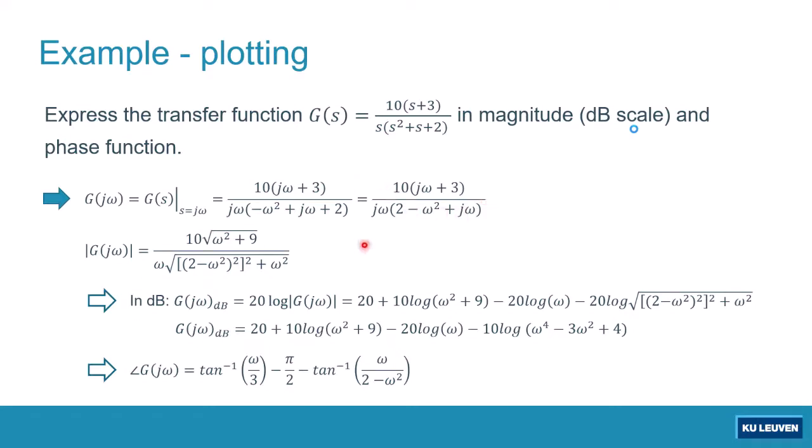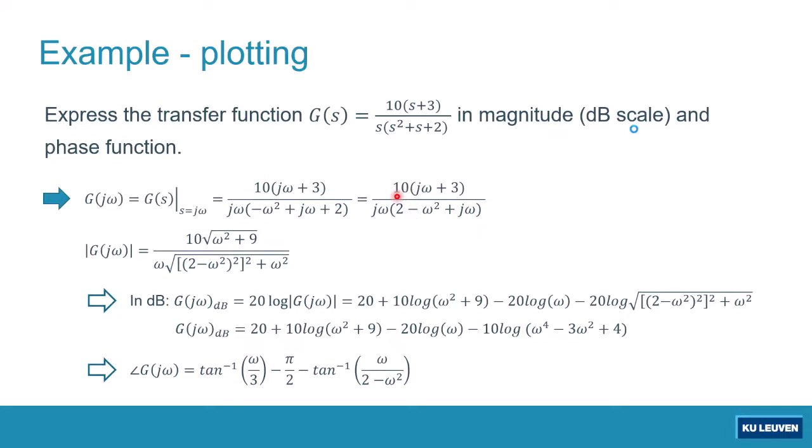So I will just take the magnitude of G(j omega). Of course, I have a fractional form of G(j omega). How to find it? The magnitude of a fractional form is equal to the magnitude of the numerator divided by the magnitude of the denominator.